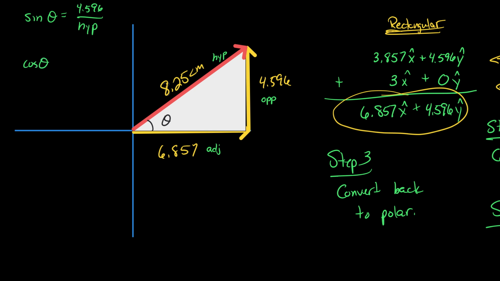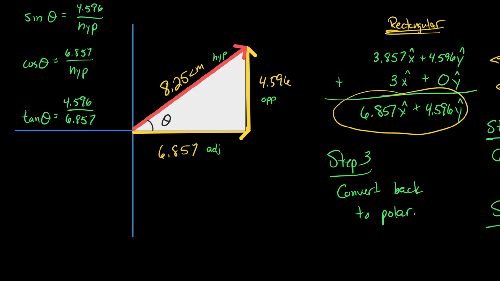Cosine theta is adjacent divided by hypotenuse. And tangent theta is opposite divided by adjacent. Seems pretty clear that with the information I have, it'd be best to use tangent because it's based on the information that is the most rock solid. Anything I've used those numbers for makes it more and more fuzzy.